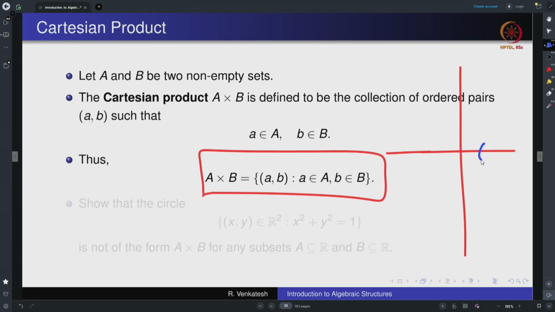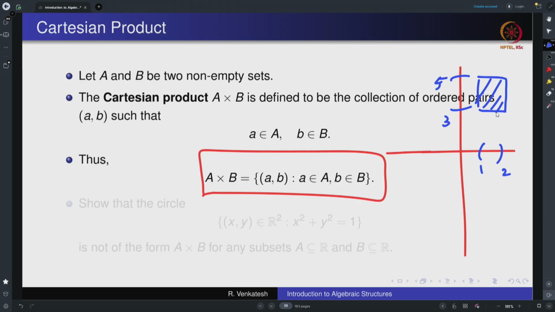Let us say I am taking the Cartesian product of, say, [1, 2] and then something like [3, 5]. Then the Cartesian product will look like this rectangular shape. So, this is the Cartesian product of [1, 2] cross [3, 5].